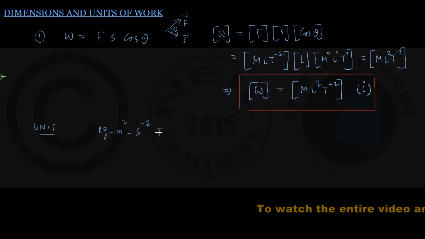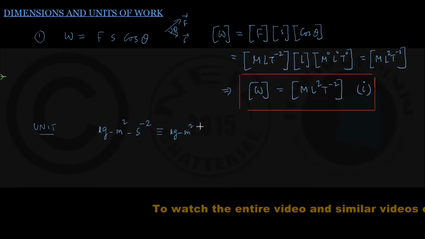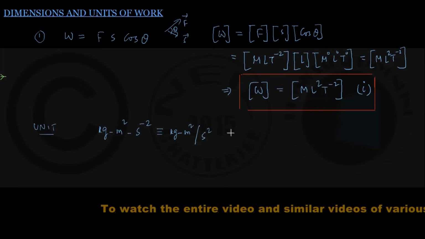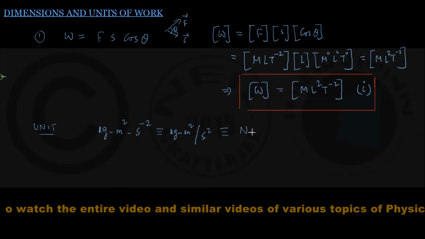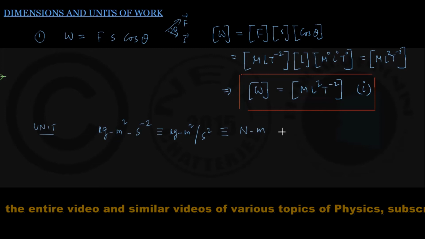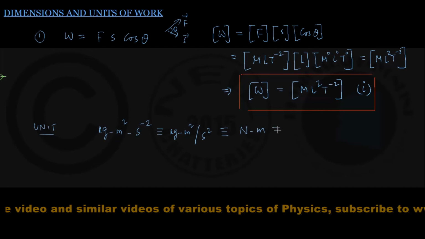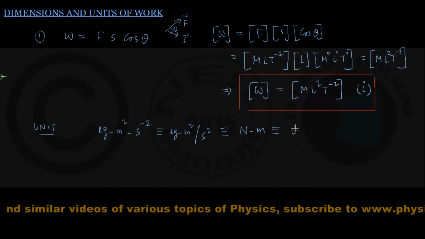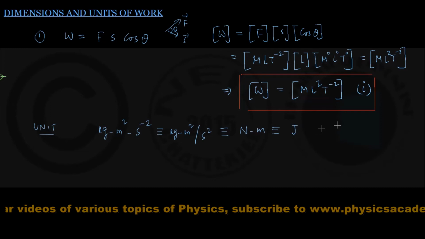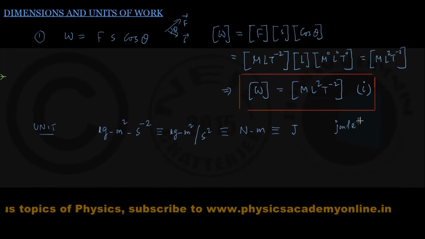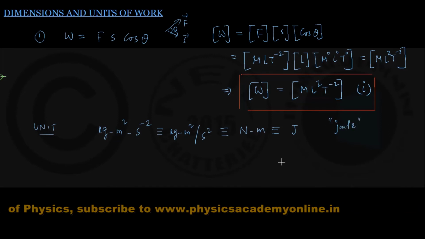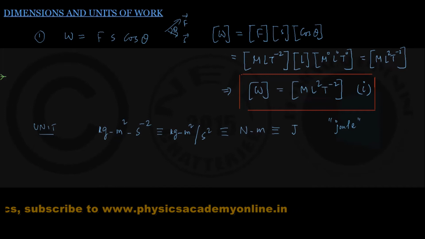This is the same thing as writing kg meter square per second square. You can verify yourself that this is the same thing as Newton meter, where Newton is the unit of force, and this quantity is known as Joule. The actual word is named after a scientist, an Englishman, Joule. This is the complete name of the unit in SI, absolute unit, and the abbreviation is J.